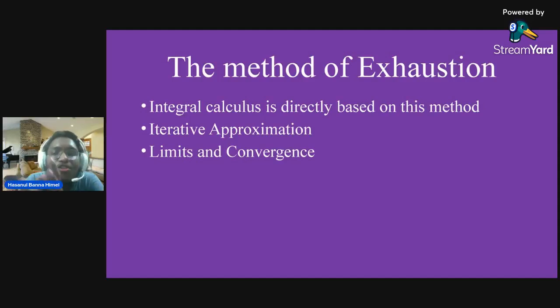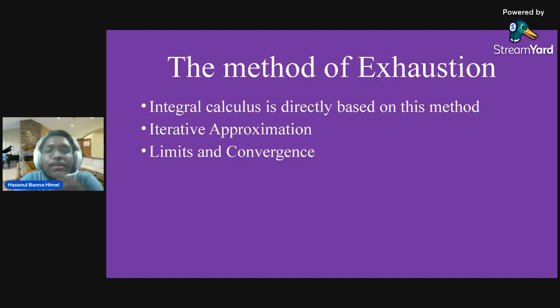If we go back in time, the method of exhaustion is mainly from ancient times, when differentiation and integration were not properly introduced, or we didn't know much about them. At that time the method of exhaustion was used, and it is directly related to integral calculus. Integral calculus is directly based on the method of exhaustion.